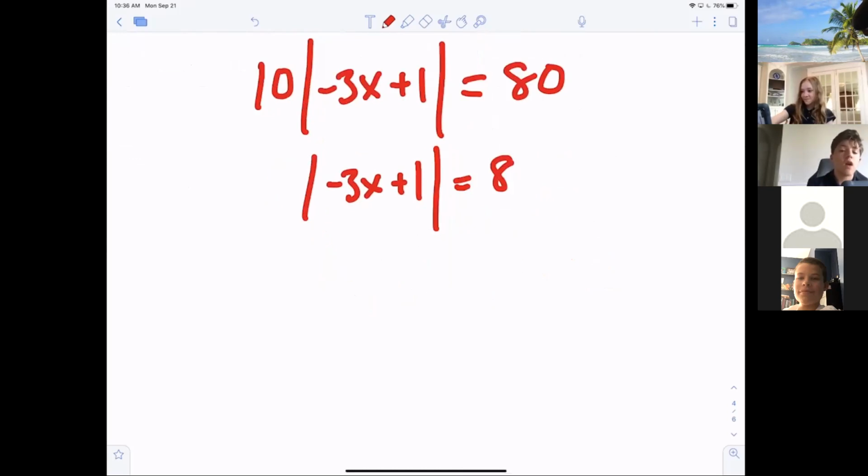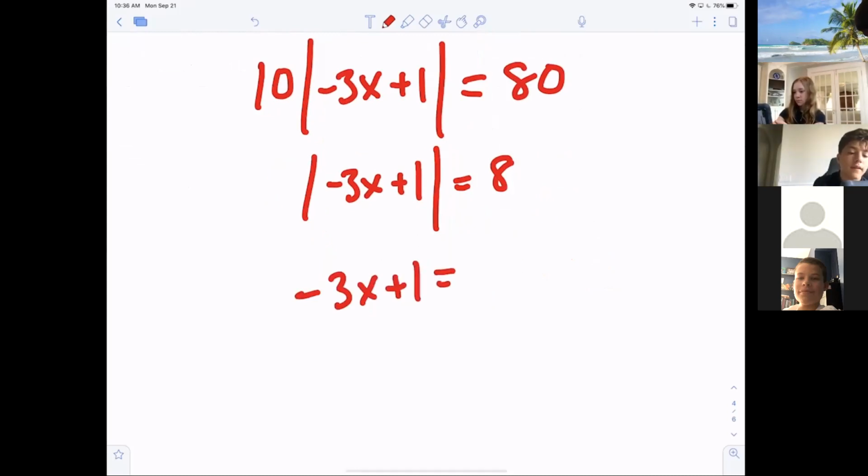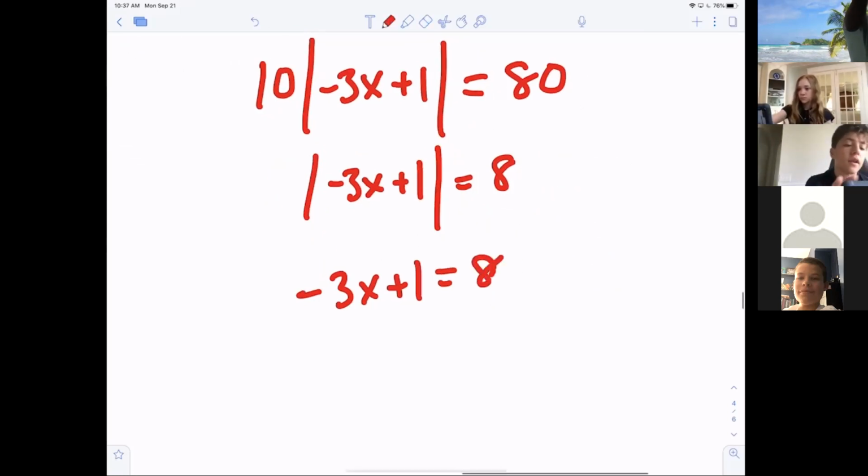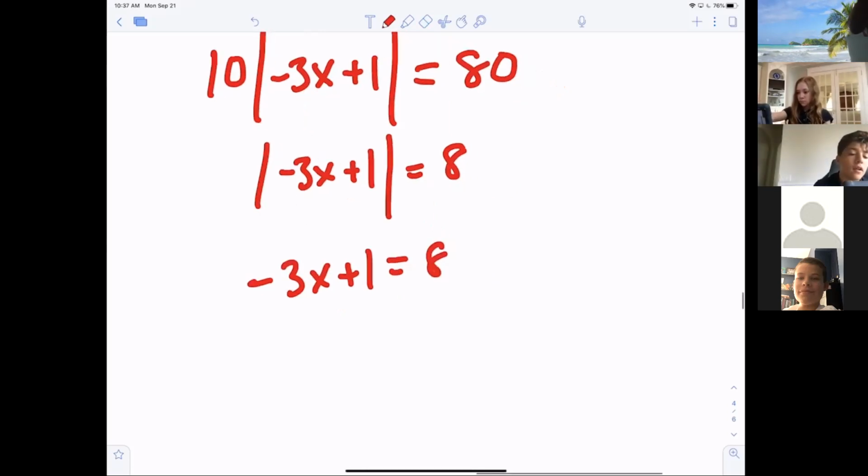Then I think you subtract the 1. I have to write both equations. What are the two equations? Negative 3x plus 1 equals 8. And then minus 3x plus, minus 1 equals minus 7, I think.